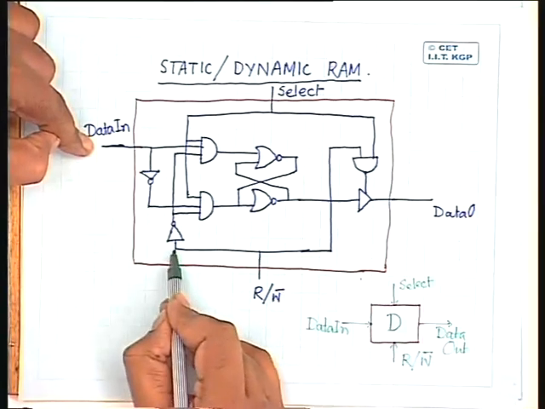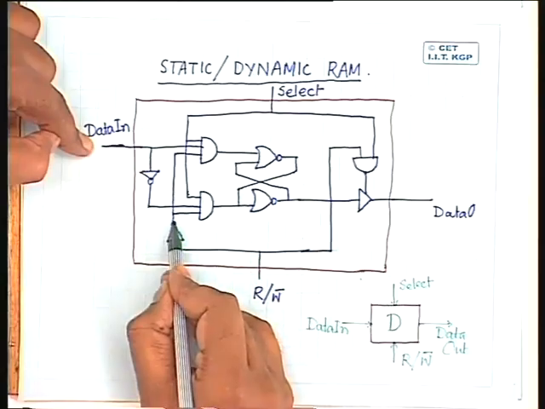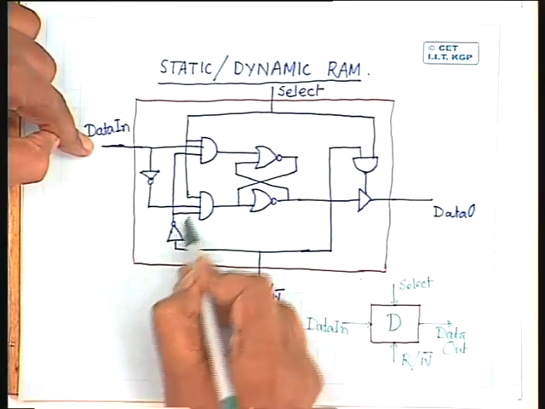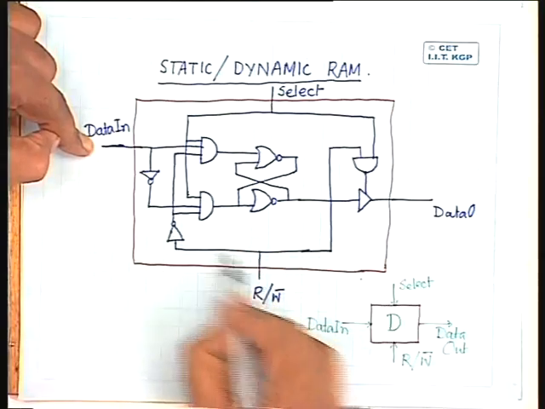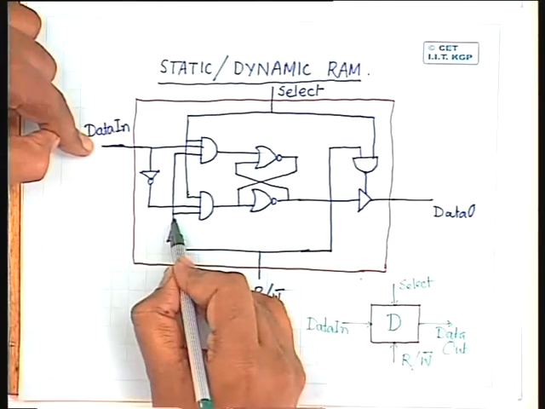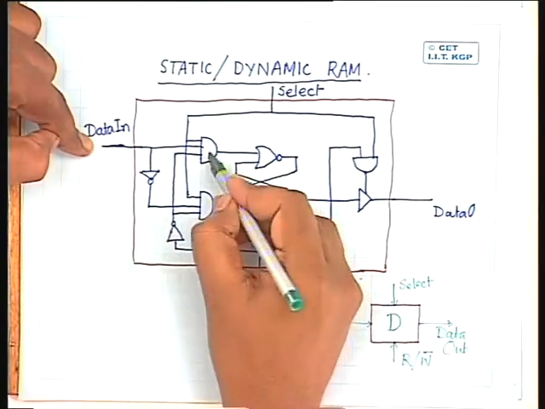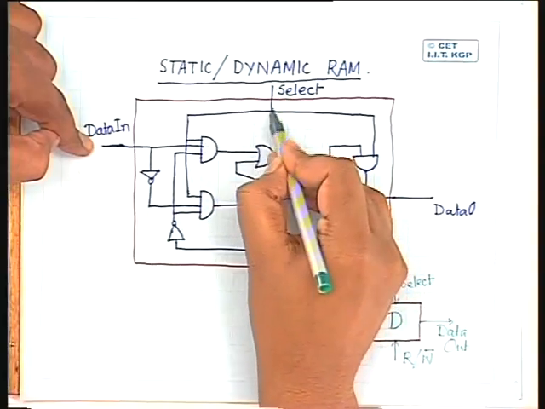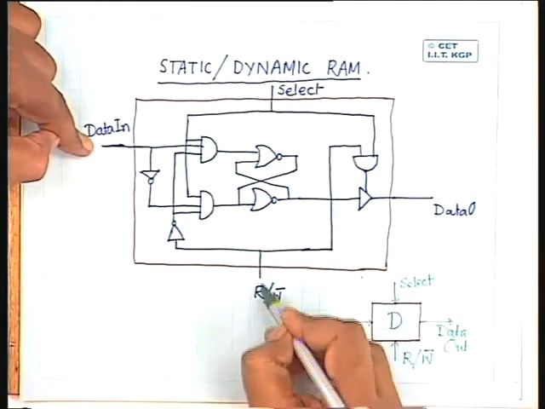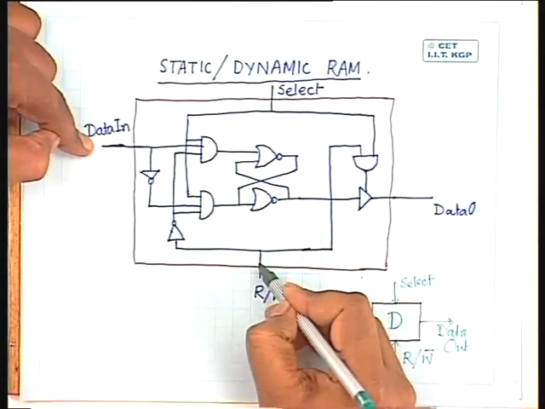Here you find that this read-write bar signal goes through an inverter to both these AND gates. So if this is low, this inverter output will be high. That means these AND gates will be active, will be selected, provided this select input is high and the read-write bar signal is low.